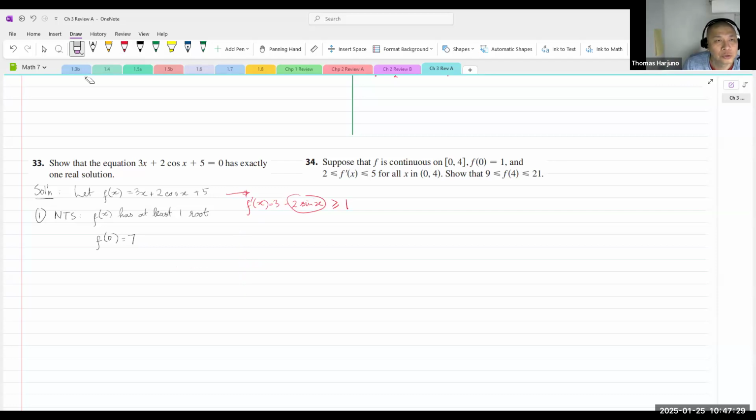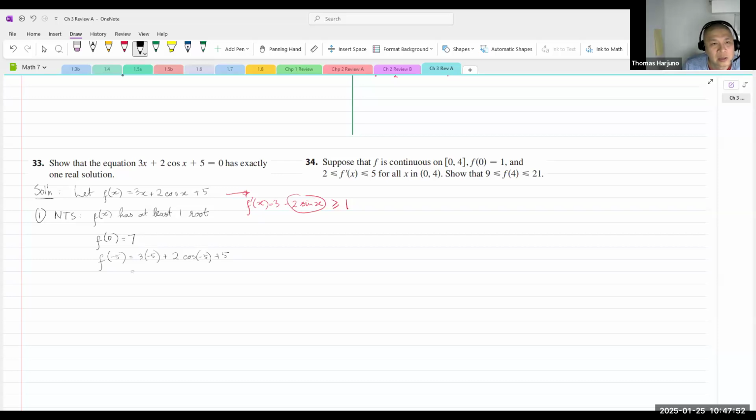So let's say I choose x equals maybe -5. I just make up numbers. That's 3 times -5 plus 2 times cosine -5 plus 5.